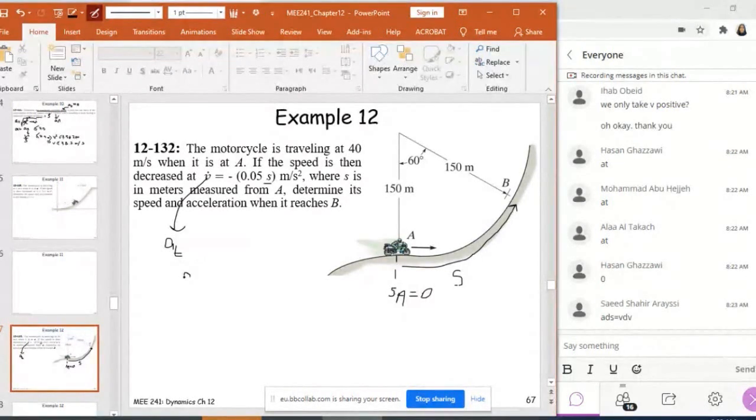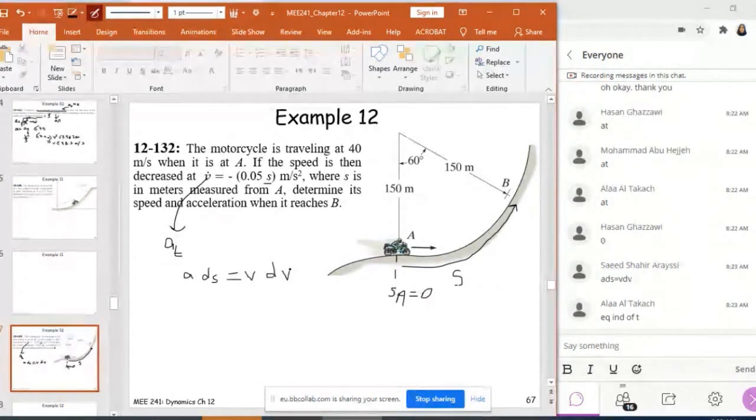Yes, I should use A ds is equal to v dv. Why did you choose this equation? Because it's the equation that is independent of time. Yes, because v dot is given in terms of s. So I'm going to replace AT here by minus 0.05 s. Can I use this equation for AN?